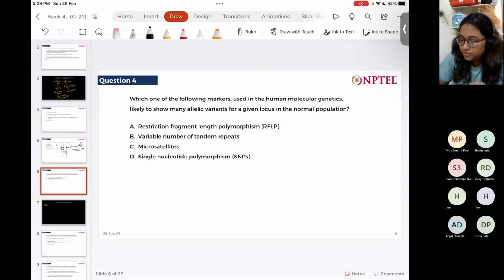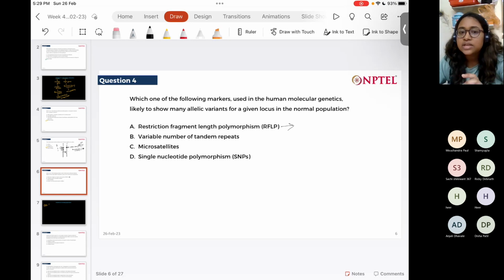Okay. So if you remember, RFLP is a molecular biology method where, because of a point mutation within a genetic sequence, it has become a place where a restriction enzyme can cut. So there are 2 genes, one is the normal gene, another is the mutant gene.